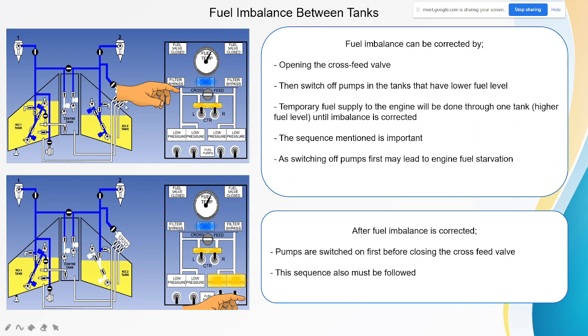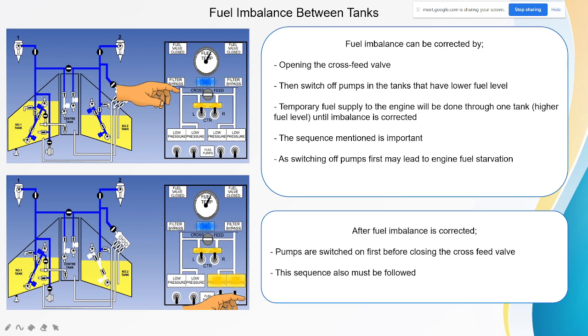Thus, the system at the right tank is at low pressure. So the temporary fuel supply to both engines will be supplied by one tank, which is usually the one with the higher fuel level. In this picture it is the left tank.